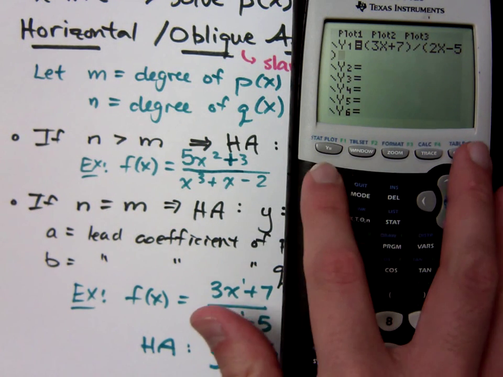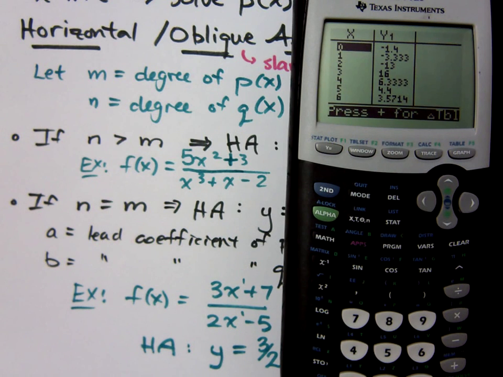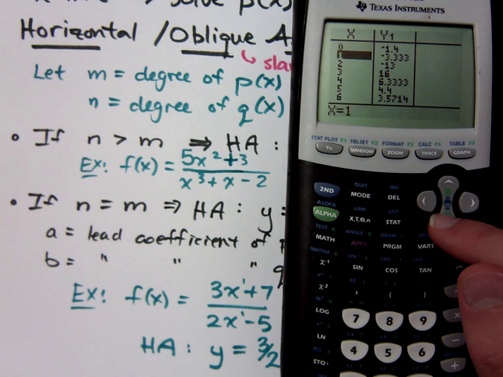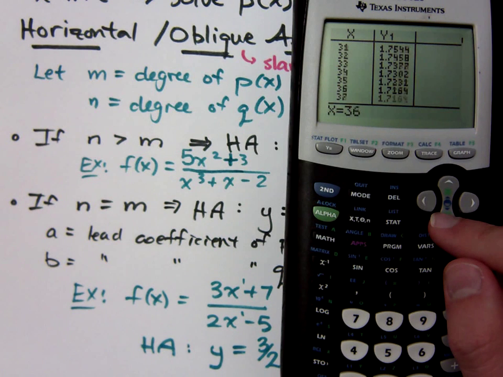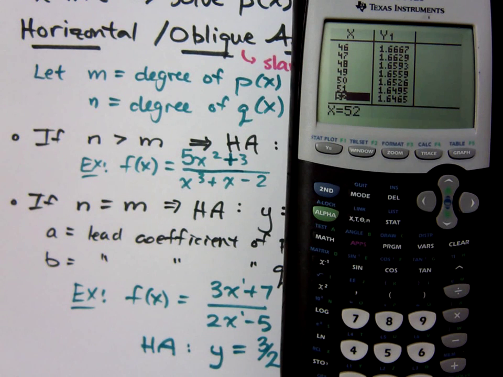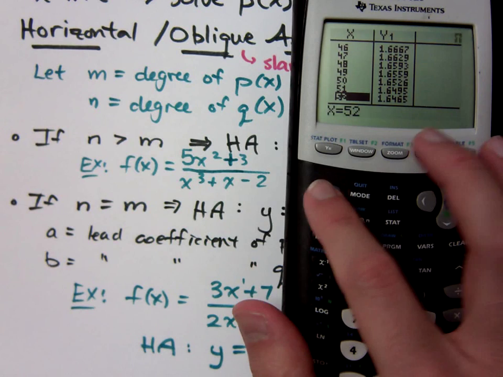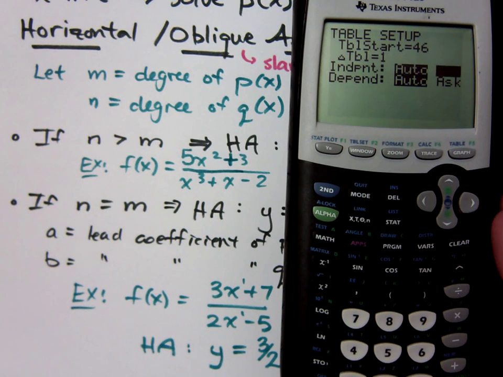If I go to my table, see what happens as x gets larger and larger. Is there a value that I'm starting to approach? Maybe. I don't think it will just let me type in a number. Nope. Let's change the table setup. Oh, you can look for a number.